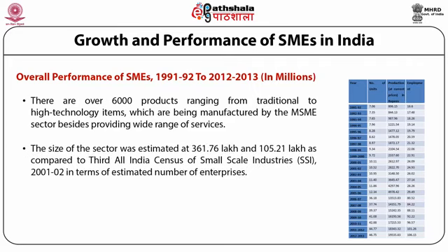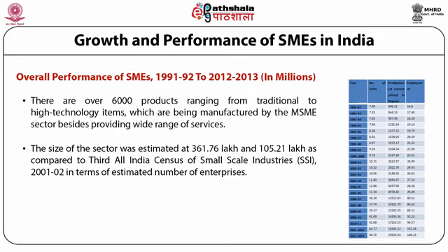So this size was estimated at 361.76 lakh and 105.21 lakh as compared to 3rd All India Census of Small Scale Industries 2001-2002 in terms of estimated number of enterprises.